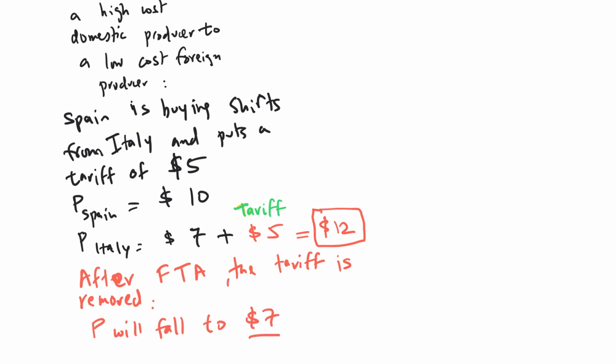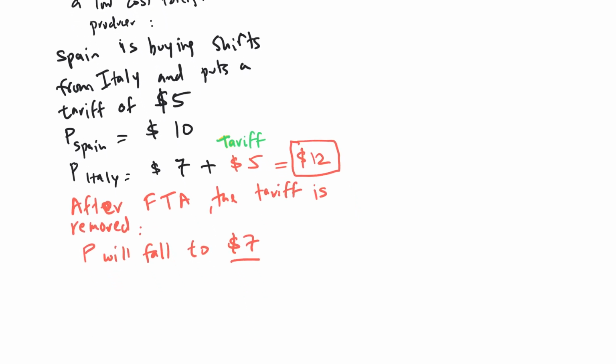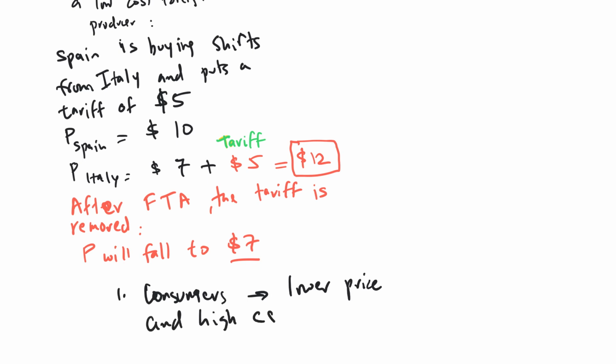Who will benefit from this? Who are the parties that will benefit? Number one, consumers in terms of lower price and higher consumer surplus. Consumer surplus will go up, right?